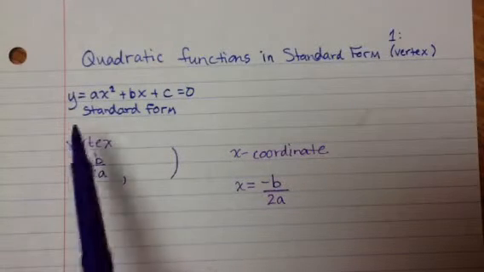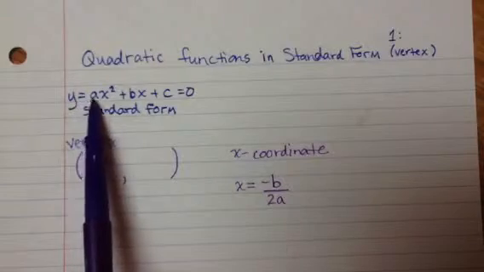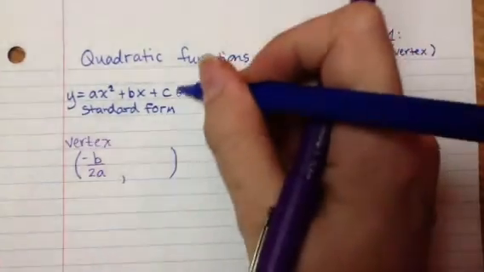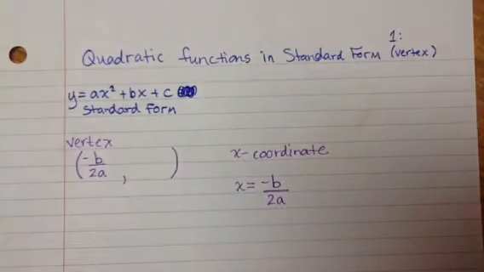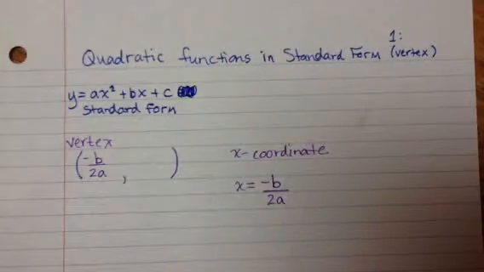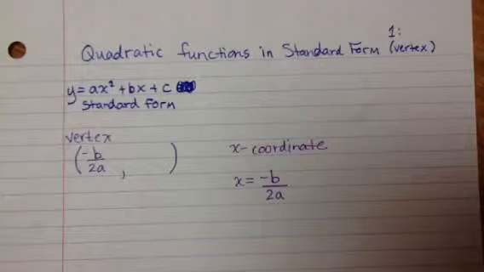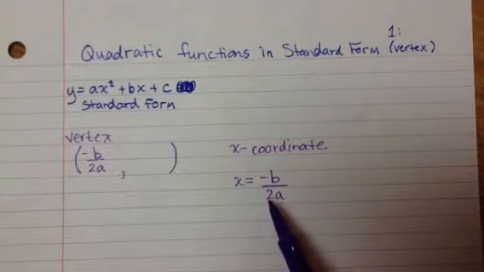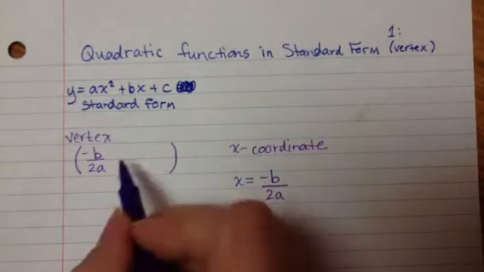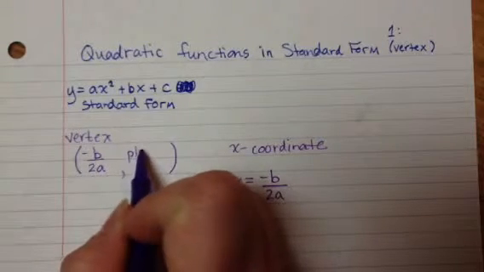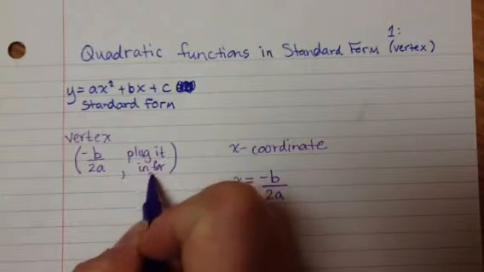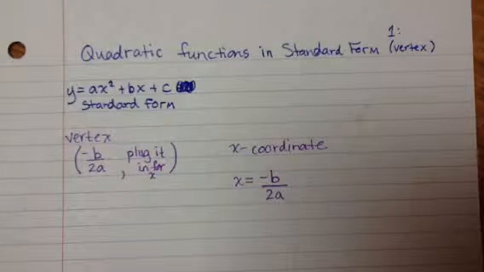Now remember when we were plotting these y equals ax squared plus bx plus c using the xy chart, if we had an x value, how would we find the y value? We would use that xy chart. So once we know an x coordinate from opposite b over 2a, to get the y coordinate, we're just going to plug that in for x to get y.